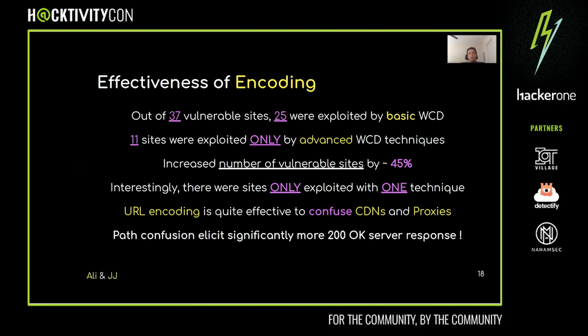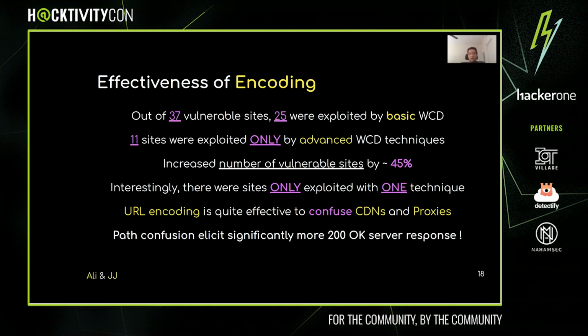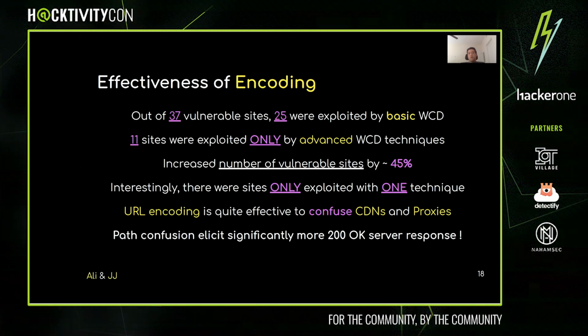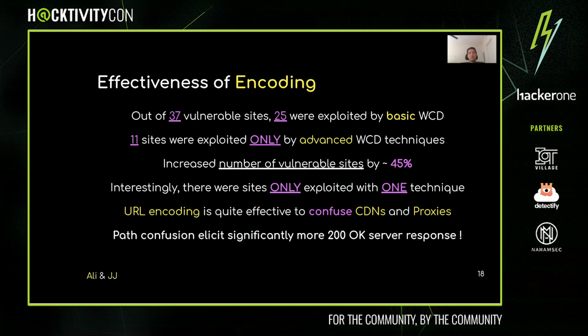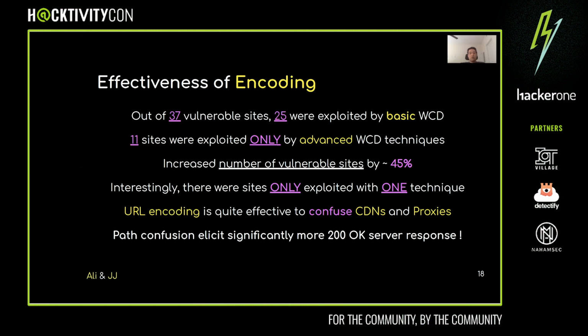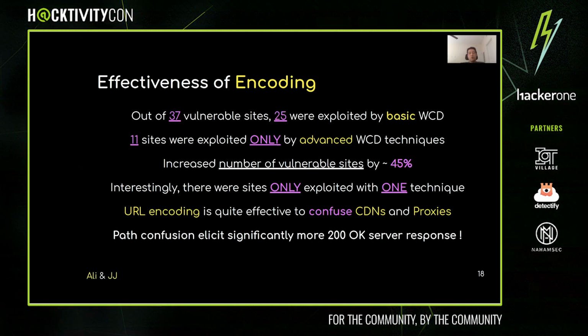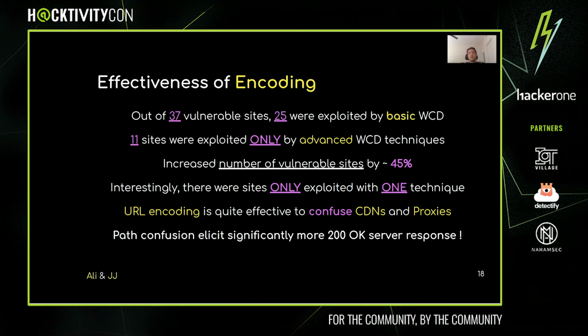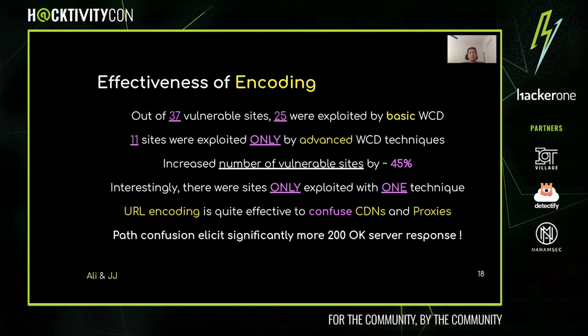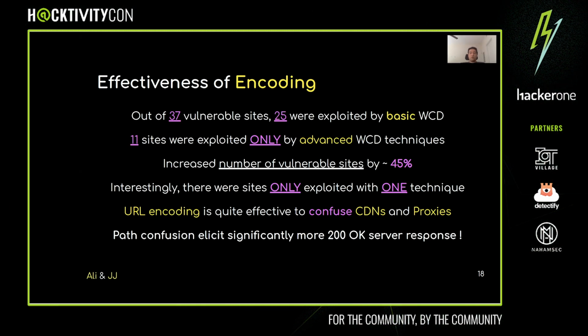All in all, the results we presented in this slide confirm our hypothesis that launching a web cache deception attack with variations on path confusion, as opposed to only using the originally proposed path parameter techniques, significantly increases the possibility of successful exploitation.